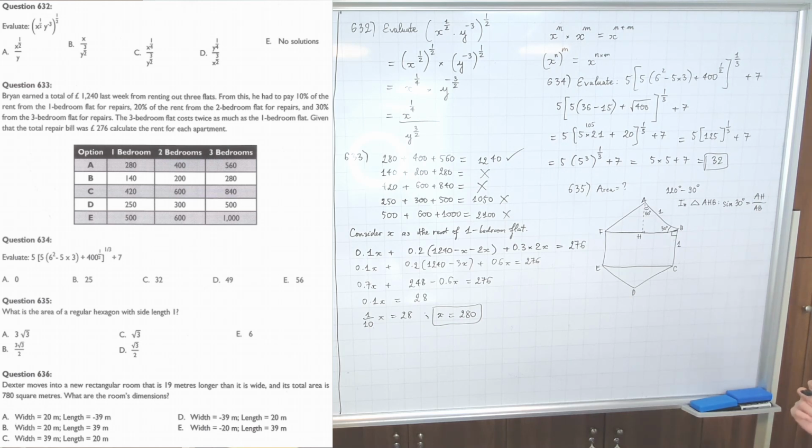Một phần hai. Một nữa. Okay, sine 30 is actually half. AH is AH. And AB is 1, so it means that AH equal to half. 0.5, này 0.5, so we found that this one is 0.5 already.